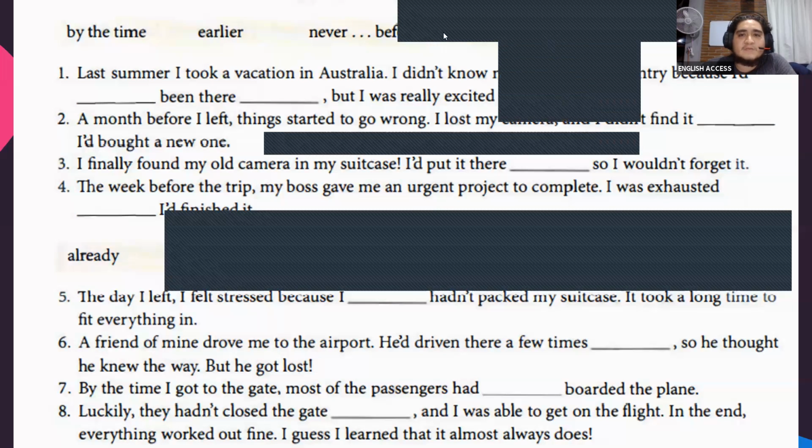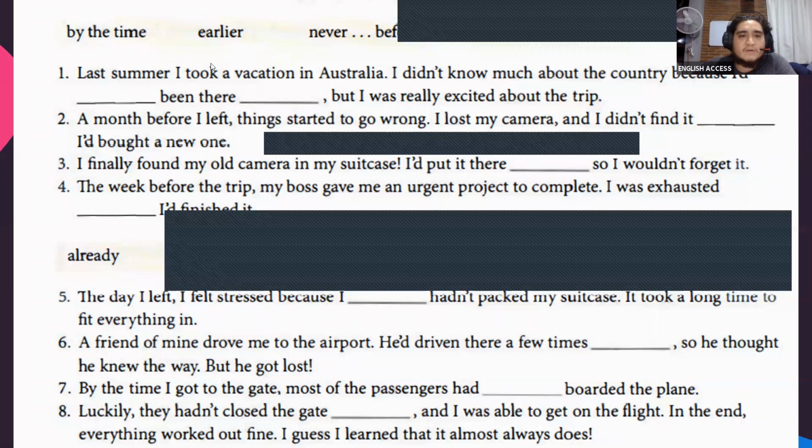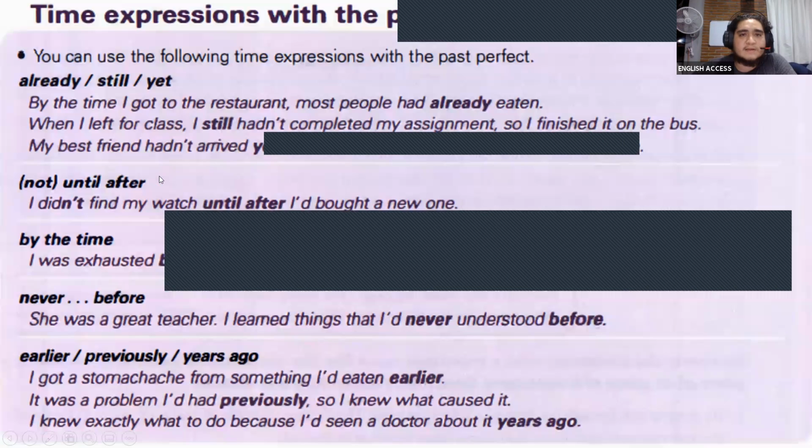These are time expressions for the past perfect, correct?